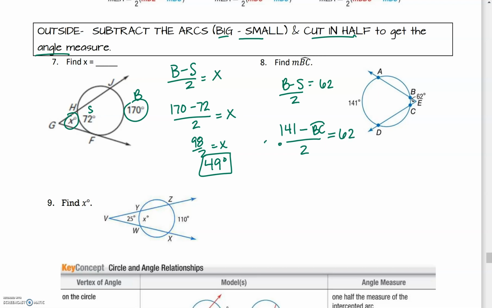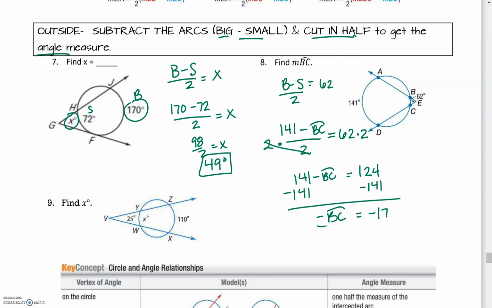We work backwards and multiply by 2, undoing that division. So 141 minus BC is equal to 124. Subtracting 141, we have negative arc BC is equal to negative 17, and when we divide both sides by negative 1, arc BC is 17 degrees.